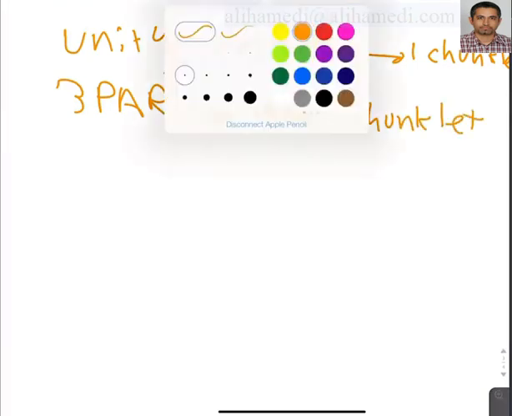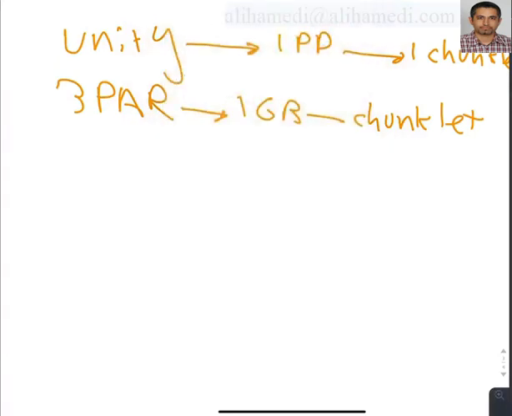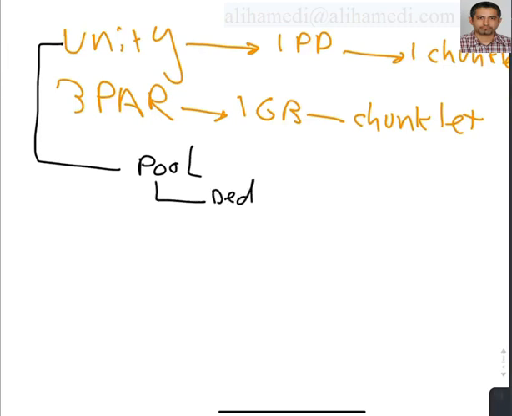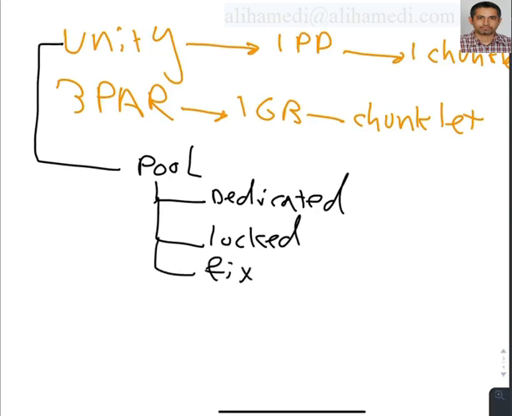So we can say that in Unity, based on the pool concept, disks are dedicated, locked, with a fixed RAID set, and all inside the same pool.